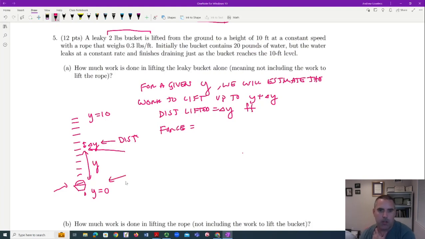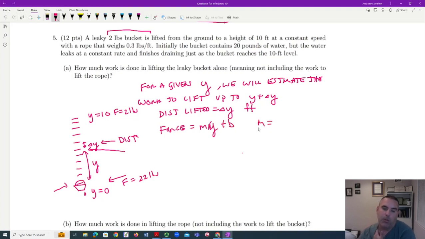So when it's at the bottom, the force is 22 pounds. And when it's at the top, the force is 2 pounds. And because they said it was linear, I have this function. Some people are confused when you're given a y. But this is it. So my plus b.